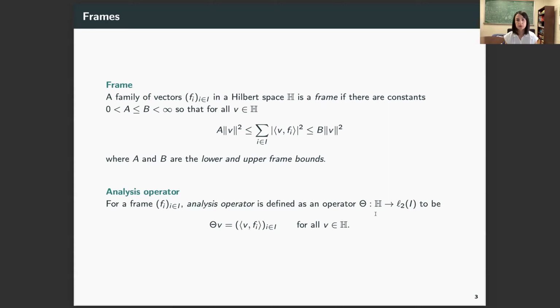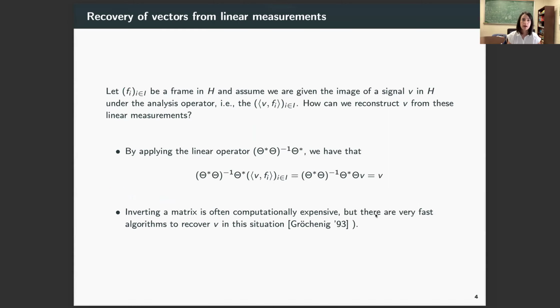Now I'm going to talk about how the recovery of vectors from linear measurements works out. If I have the image of a signal under the analysis operator, in other words, if I have the frame coefficients available to me, how can I reconstruct my vectors from these linear measurements?